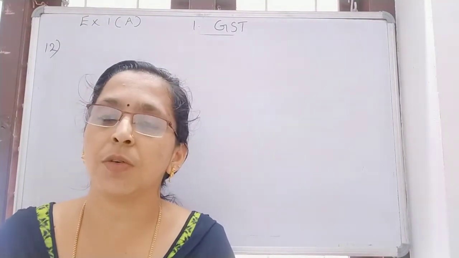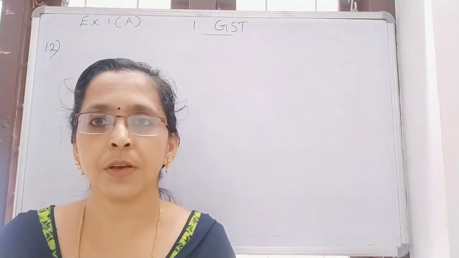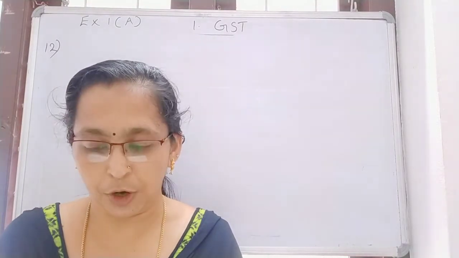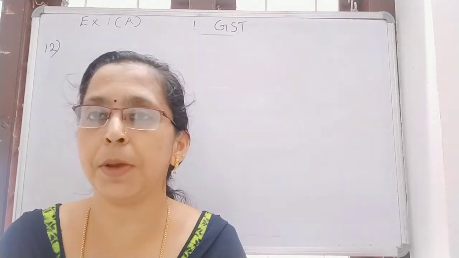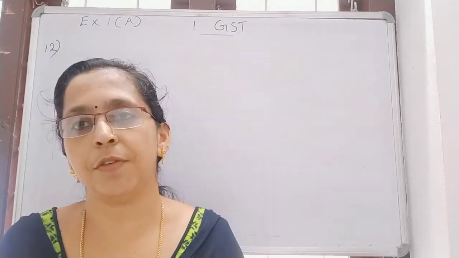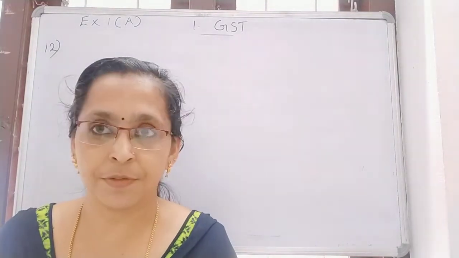So we have to find out the GST in rupees. GST in rupees means 9% GST we have to pay for how many? 750. So 9% of 750 will be CGST, and same way 9% of 750 will be SGST. Amount is rupees 750.